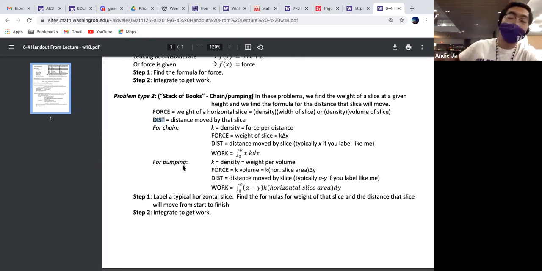For pumping, you define k, the density, and the force is the density and the volume, so you need to find the volume equation here.